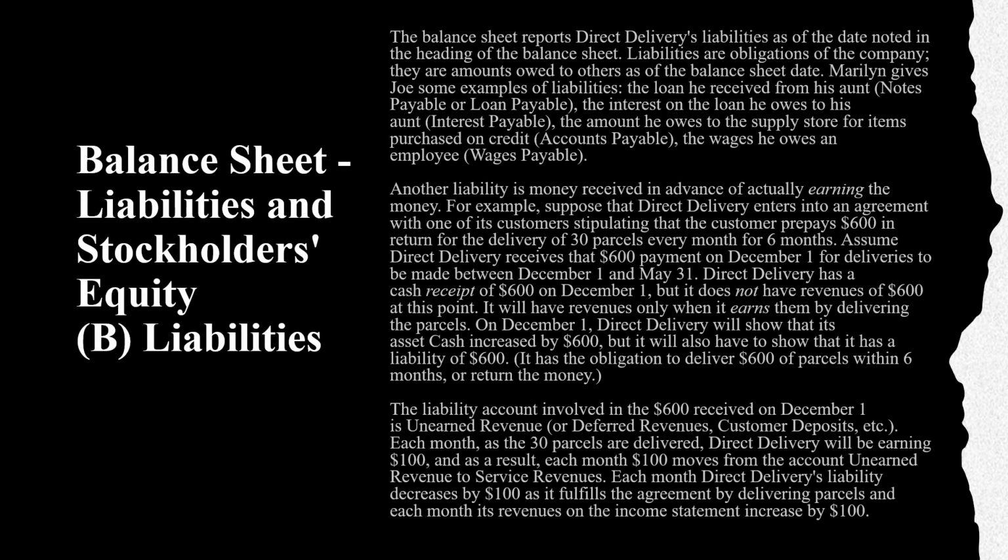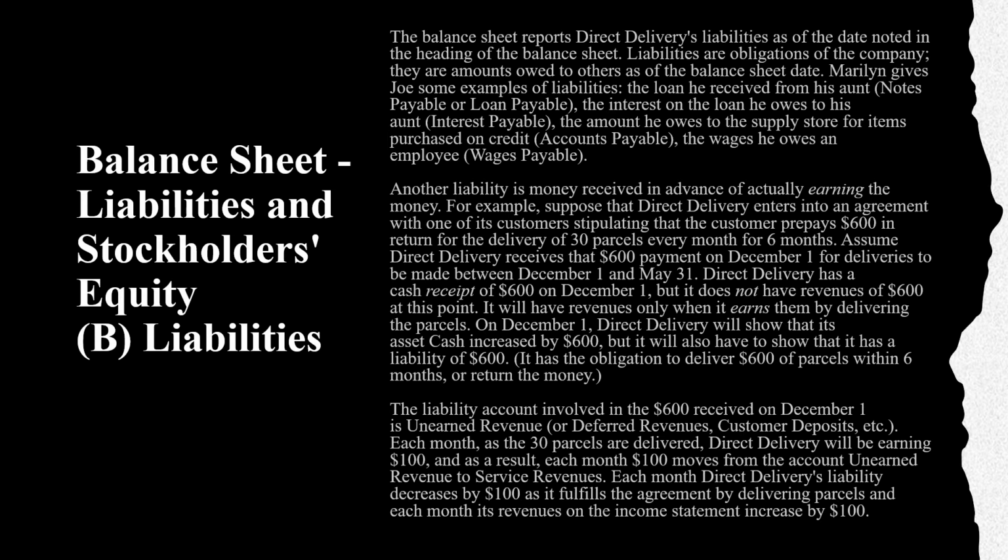On December 1st, Direct Delivery will show that its asset cash increased by $600, but it will also have to show that it has a liability of $600. It has the obligation to deliver $600 of parcels within 6 months or return the money.